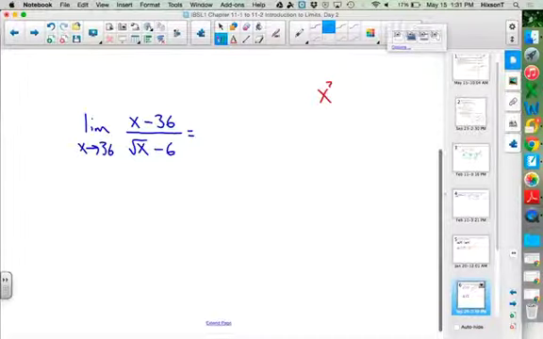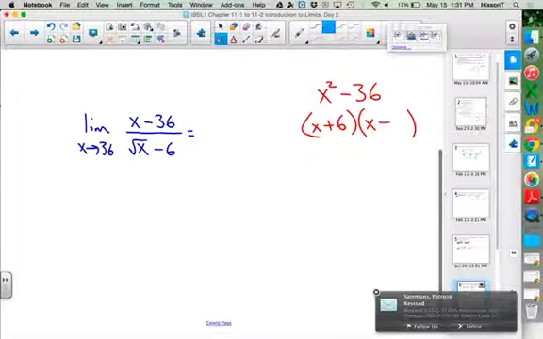If I asked you to factor x squared minus 36, how would you factor that? X plus 6, x minus 6. What if I asked you to factor x squared minus 5, using the same concept?